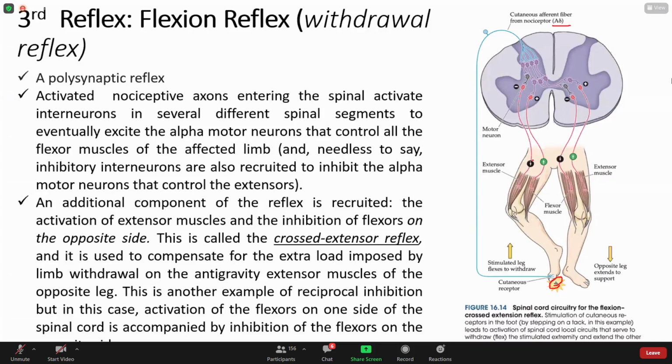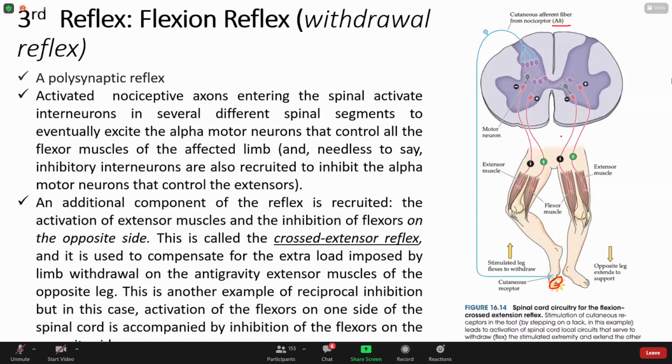So what also happens at the same time is that interneurons go contralaterally, making excitatory interneuron connections as well as inhibitory interneuron connections to activate the opposite muscles on the other side, which means activating the extensor muscle and inhibiting the flexor muscle on the other side to make the other leg stand still in order to provide support.